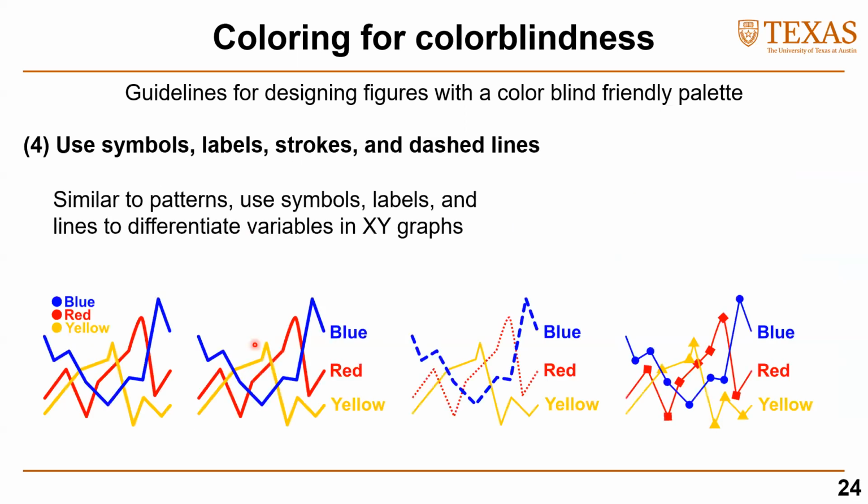Also, try to use symbols, labels, dash lines, whatever improves your curves. So these are extremely useful because these speed up the color recognition process. So for instance, here, if we have a legend like this, even though this color combination is somehow colorblind safe, notice that we need to look at the blue and then find the blue curve here.